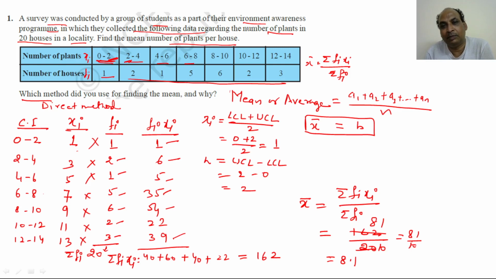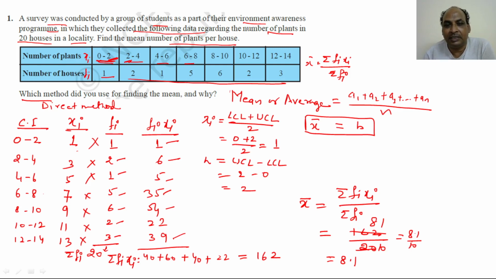When dividing by 10, 100, 1000, it's very easy. Just count the number of zeros in the 10, 100, and similarly from the right-hand side, place the decimal in the number which is in the numerator. So 8.1.